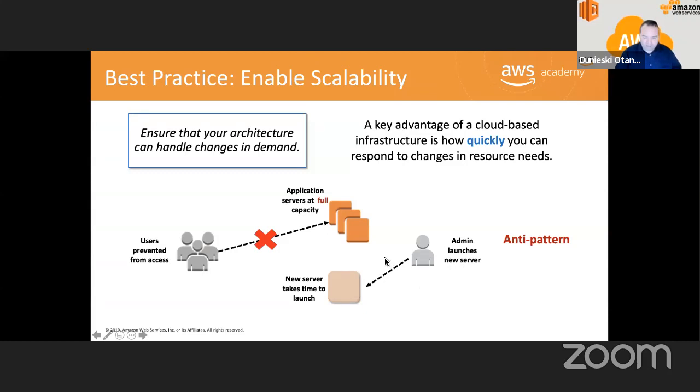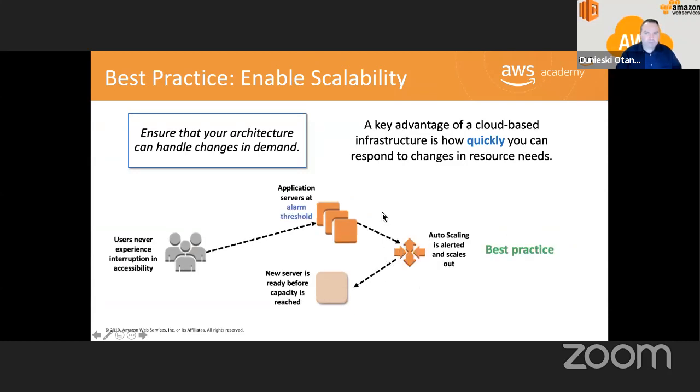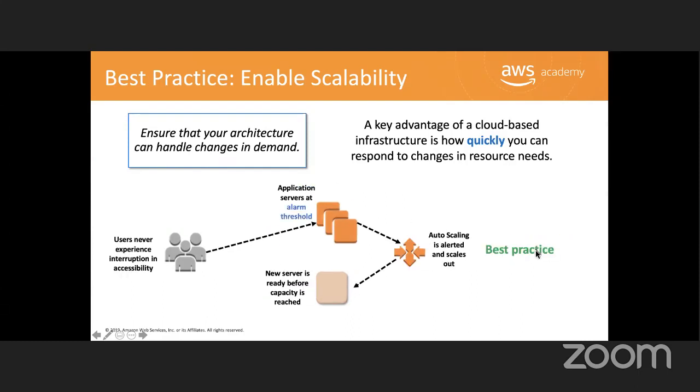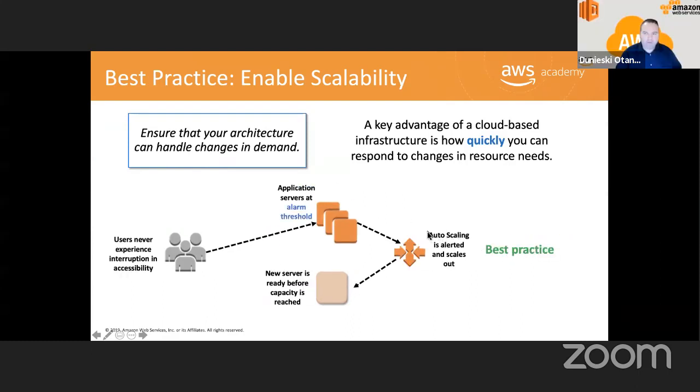So that's the anti-pattern. Now, this is the best practice, right? The best practice is this. The user never experiences any interruption in accessibility. So we have here application servers, and there's an alarm that is stating autoscaling.